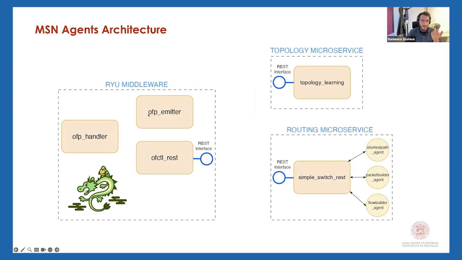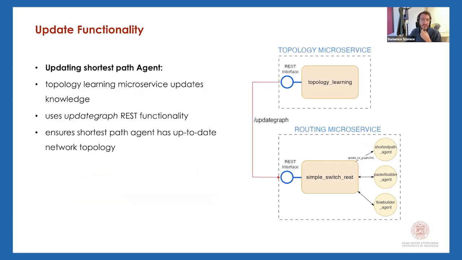We translate the switch enter event, the OpenFlow event, into a REST call for the topology learning, because we want to understand what happened in the network and whether the topology changed. So the switch enter event is the event that controls what happened in terms of topology.